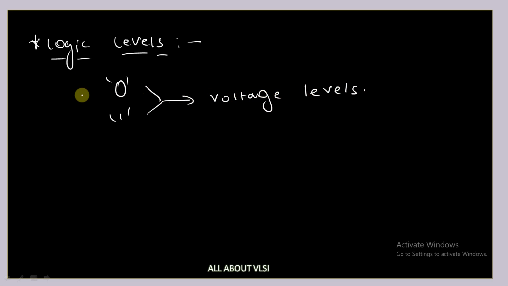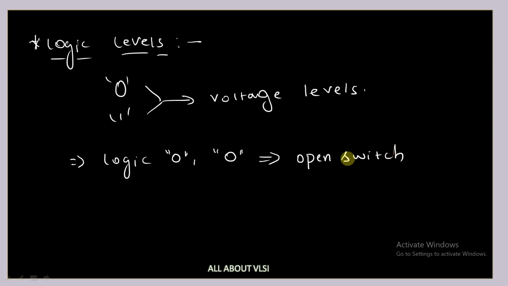So for example, if we have a logic 0, or simply 0, that represents a low voltage, or you can also say an open switch. And if you have a logic 1, or simply 1, you represent it with a closed switch.